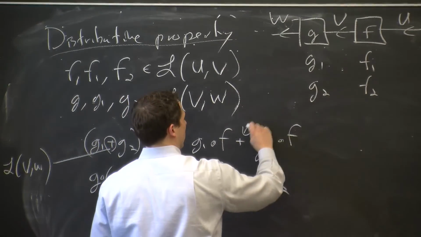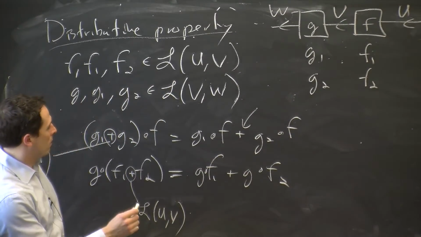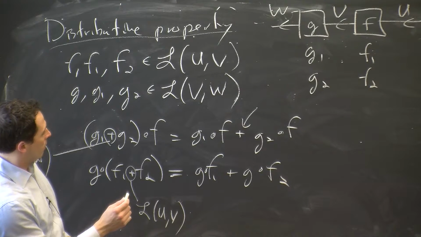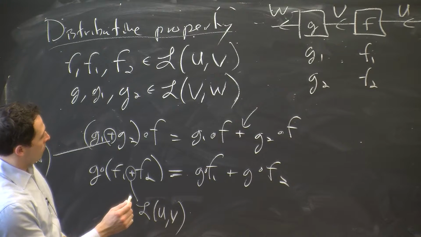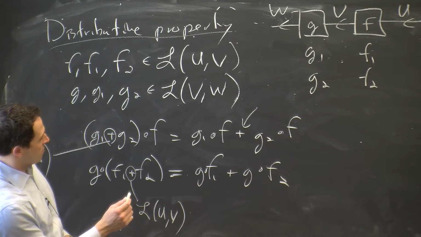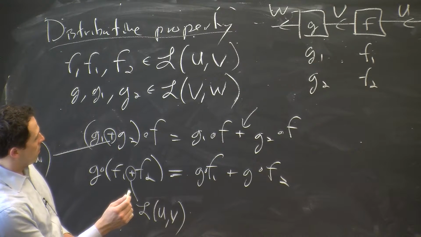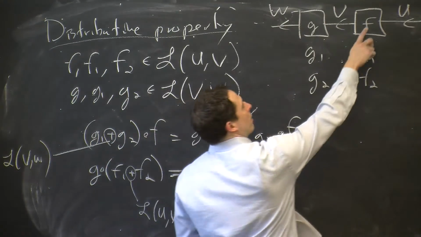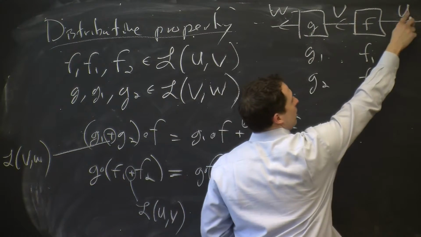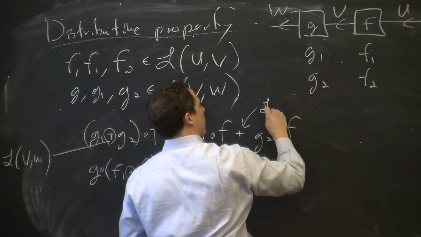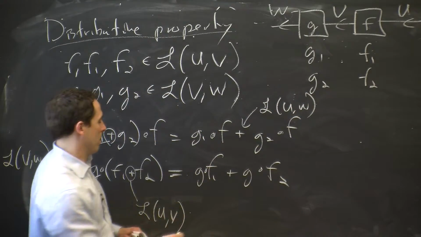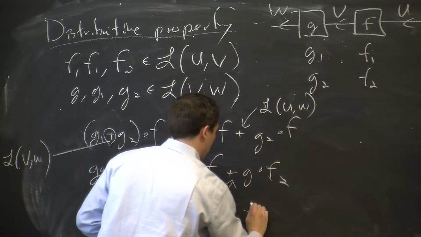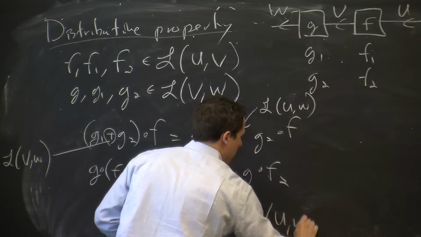This one: UW. So this one, I've composed F and G, so it goes from U to W. And how about this one? It's the same. That's right. It's also L of UW.